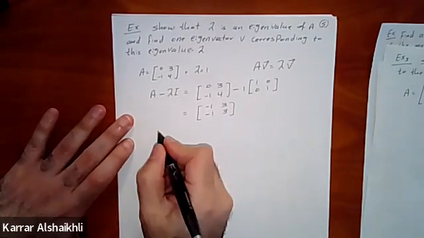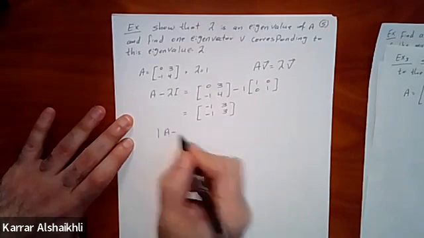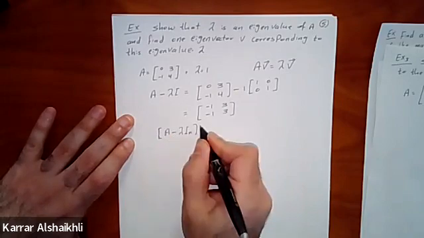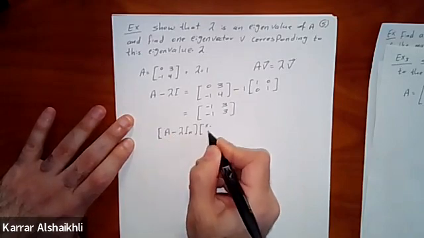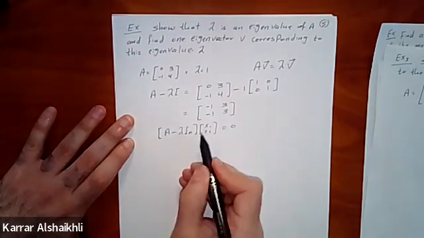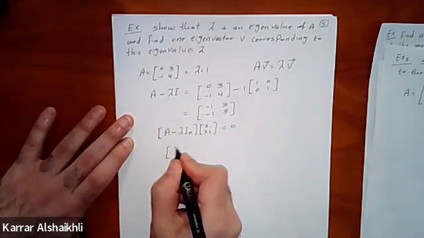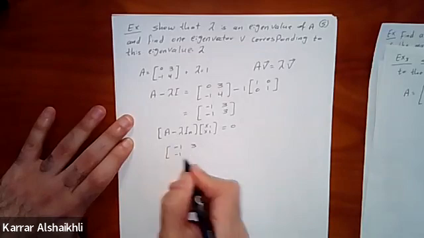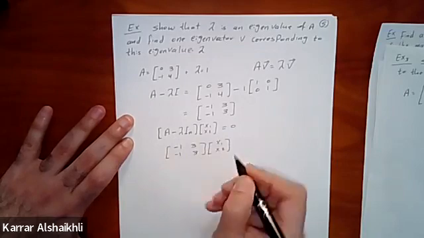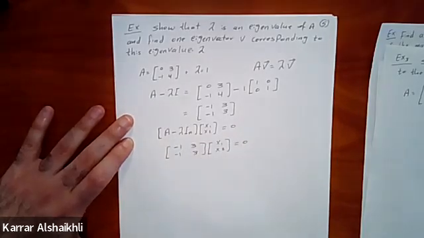Then we already know that A minus lambda I with the vector, let's say v, which is x1, x2, is equal to 0. This matrix, which is negative 1, 3, negative 1, 3, times the vector x1, x2 equals 0. Now, again, it's up to you how you're going to find x1 and x2. Well, the easiest one is to reduce to row echelon form.